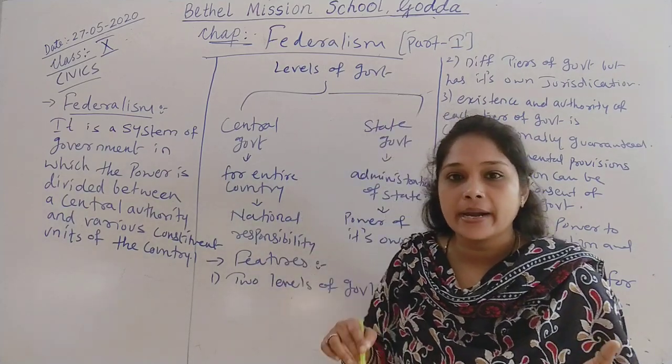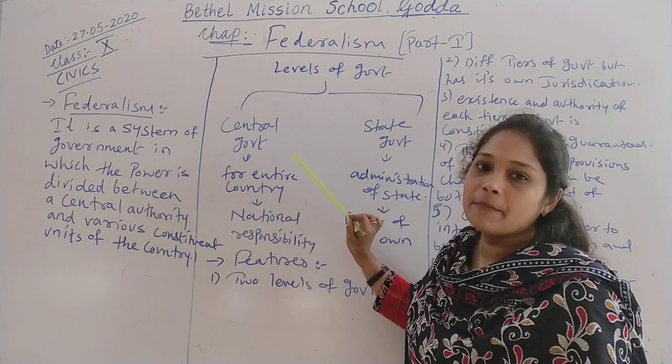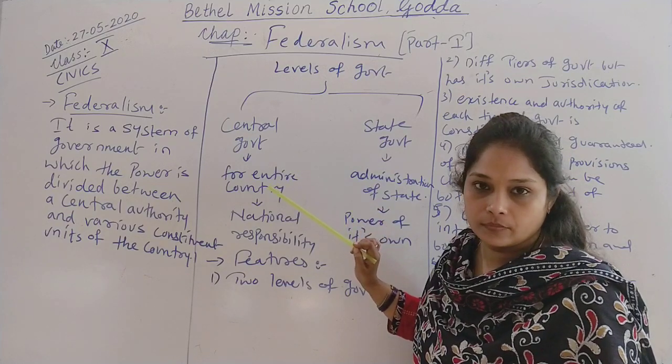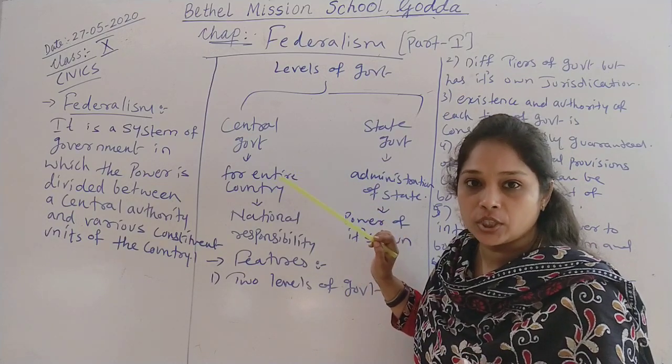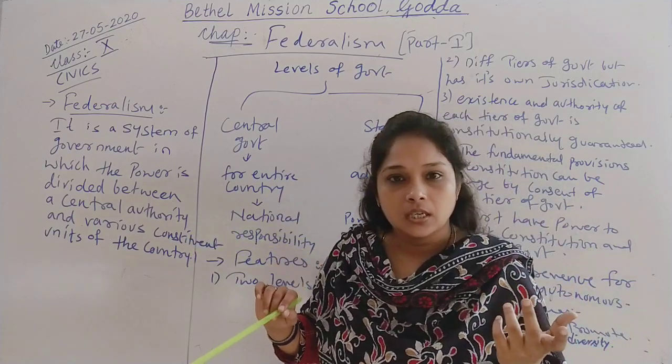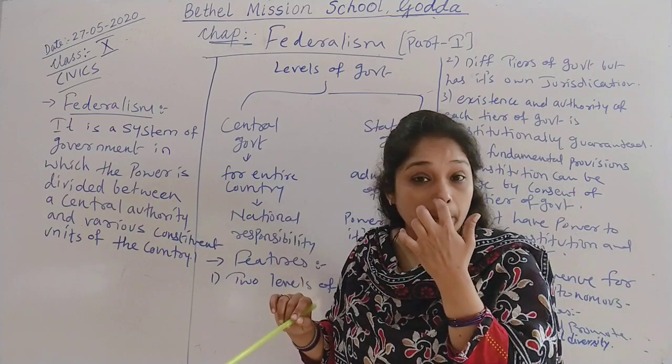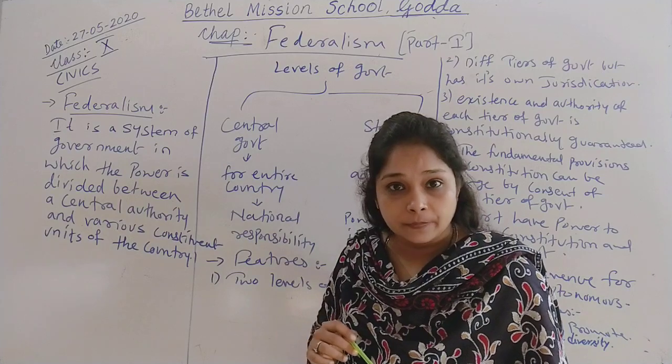The union list contains matters on which only the central government has the right to take decisions, like defense and international affairs.